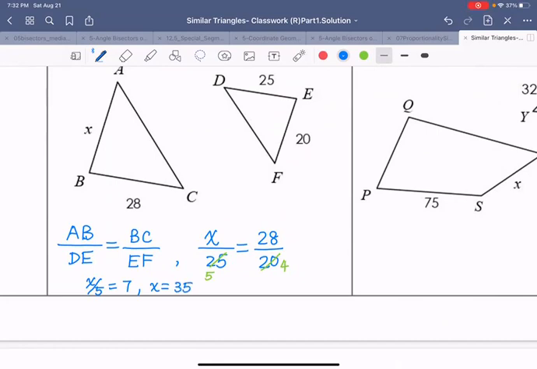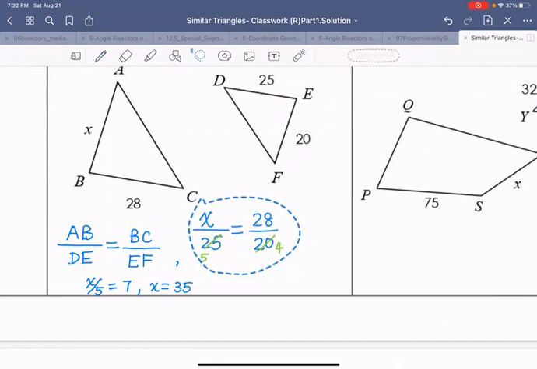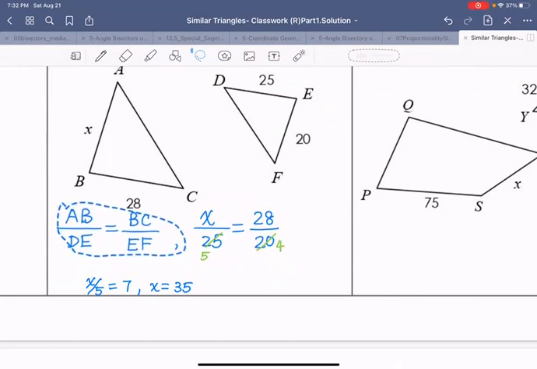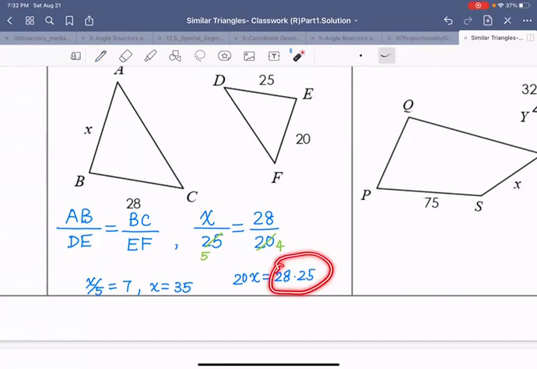I would like to do the way like this. In this way, I can quickly find out my answers. Because if I don't do the simplifications, I do 20x equals 28 times 25. If you multiply this, it's going to be a big number first, and then you divide by this, it's kind of slow, okay?